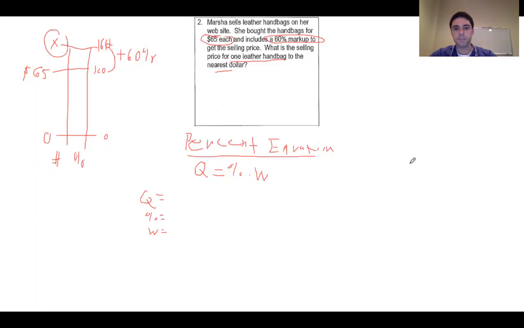Awesome. We got one. Right. Our whole is going to be 65 because that's the original price of the handbag.